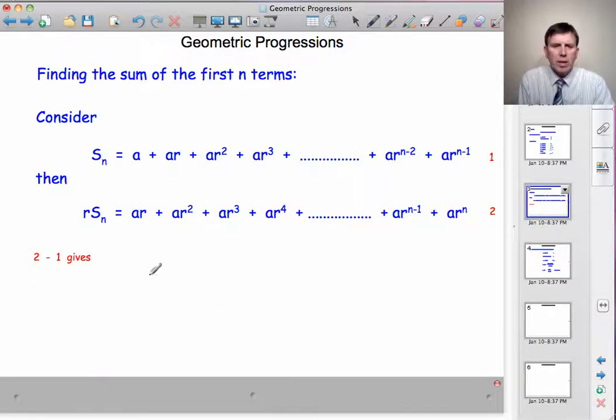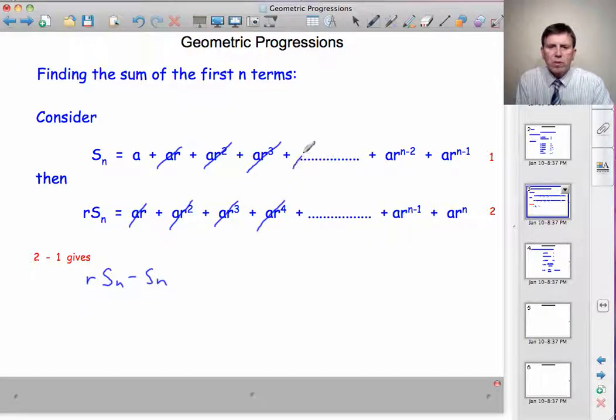So let me write down what that gives us. On the left-hand side, we've got rSn minus Sn. But what will we have on the right-hand side if we take the top line from the bottom line? Well, this ar taken away from this one will disappear. And we'll find that most of these terms will cancel out. There'll be an ar to the 4 there that's amongst the dots, which will cancel that one out.